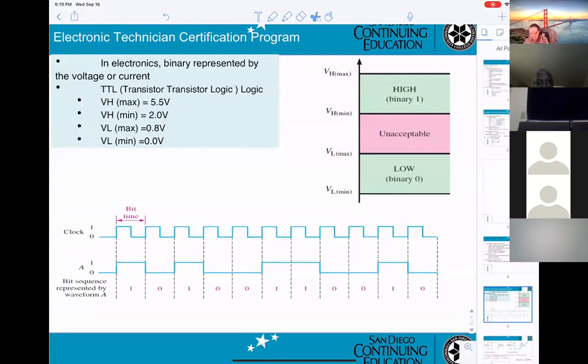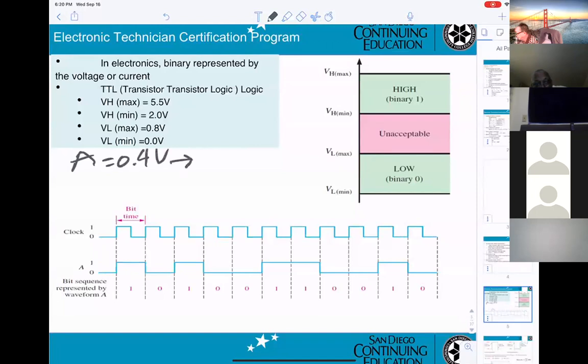Zero. Low means 0. Okay? Now, when you measure at a certain point, I gave it to you, point A, you get 0.4 volt.